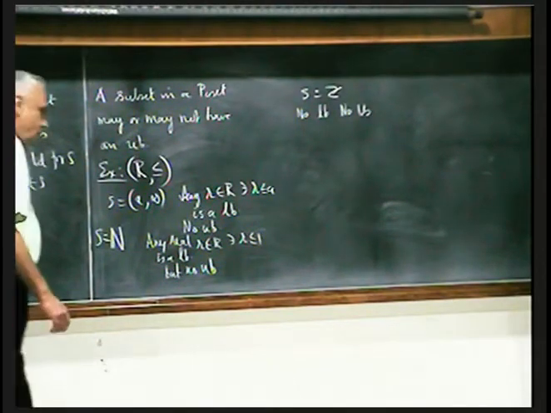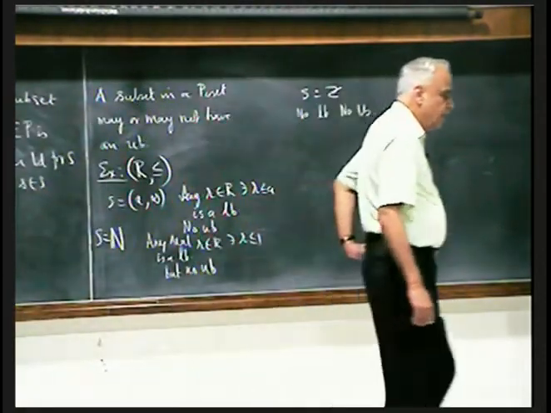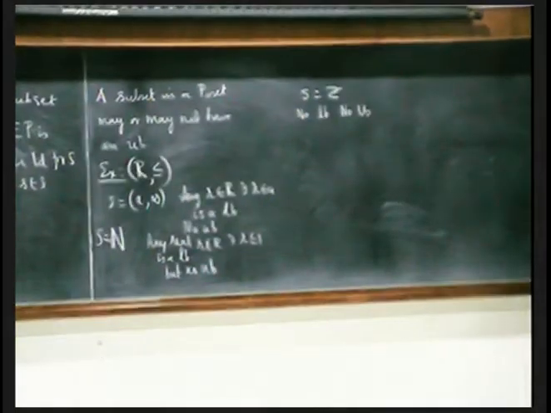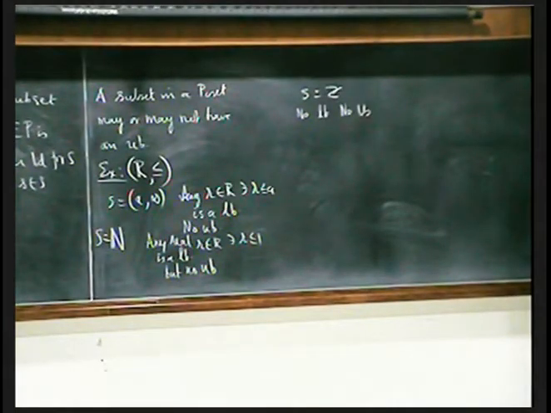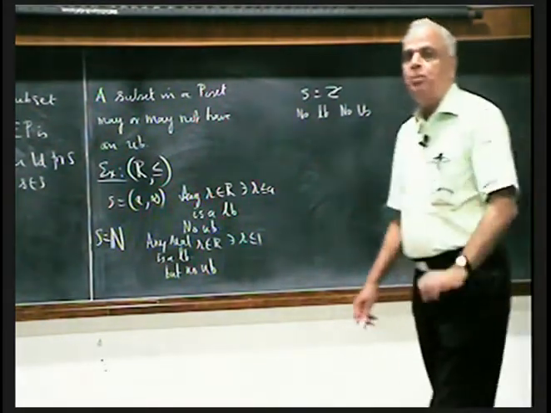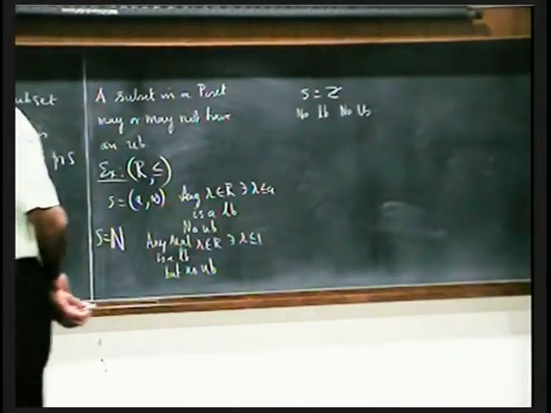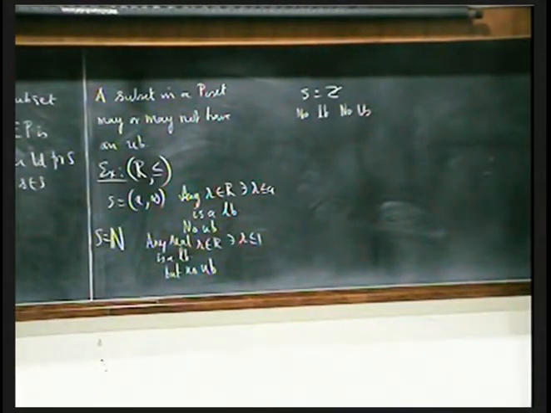Now, what Zorn's lemma says is that in a partially ordered set, if you are guaranteed that certain types of subsets have an upper bound, then you are forced to have a maximal element in it. And the types of subsets that they talk about is a chain.